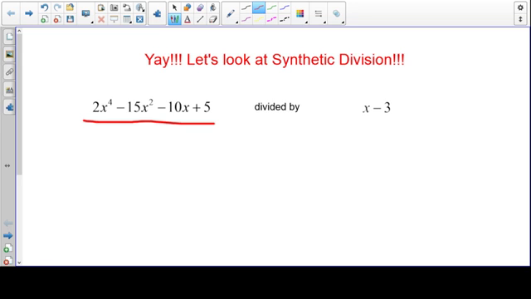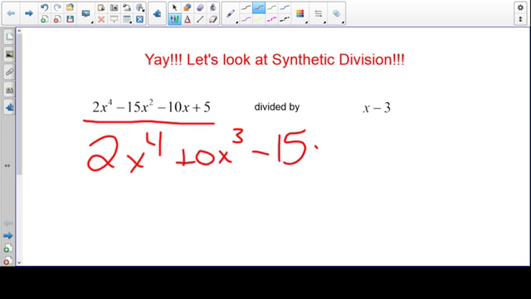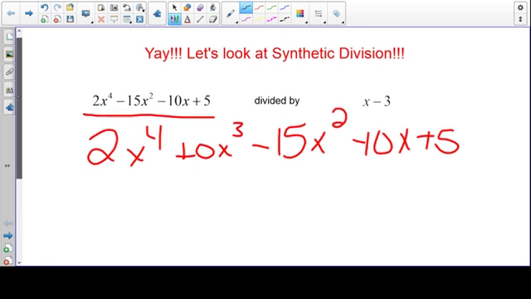No. So what I essentially have here is 2x to the fourth plus 0x cubed, because think about it, you have no x cubed term, but we are going to want one here in a moment, so we're just going to put in there 0, because anything times 0 is still 0, minus 15x squared minus 10x plus 5. So the whole point of today is trying to divide based on using numbers. So we're dividing polynomials just using numbers, not using any exponents or variables.